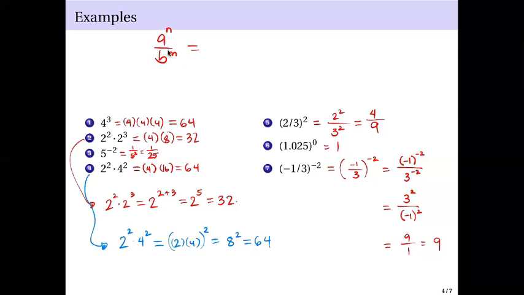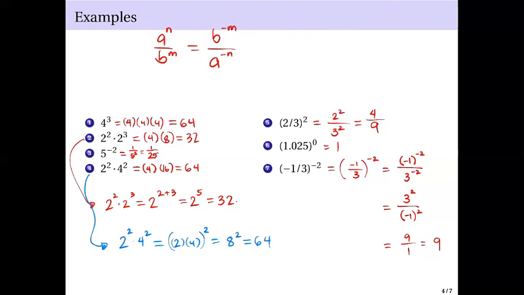If I'm going to bring the b here to the numerator, I should put now the negative of the exponent. And then this guy here, if I want to bring this to the denominator, I will have a raised to negative n. So there are times that you will need to put the exponent on the negative side.